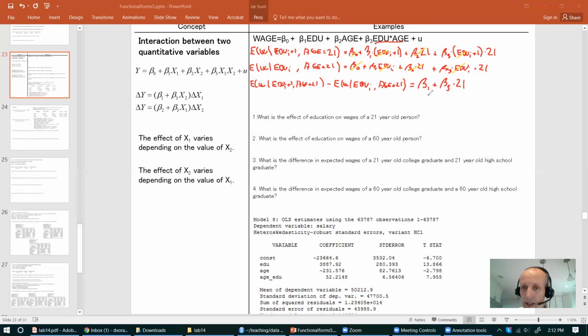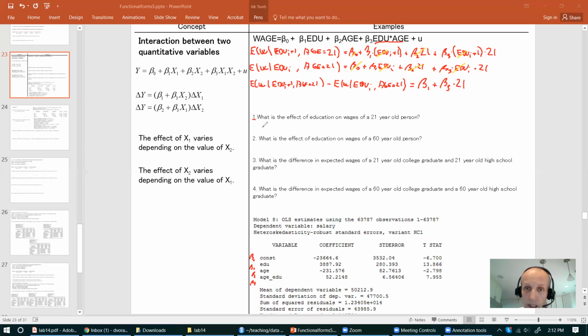Let's see what that is when we actually estimate the betas. What is the effect of education on wages of a 21-year-old person? That's beta 1 plus beta 3 times 21. So our estimates, here we have beta 0, this is our beta 1, beta 2, and beta 3, the coefficient on the interaction.